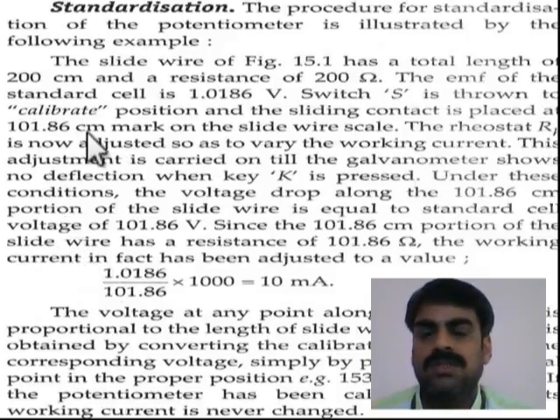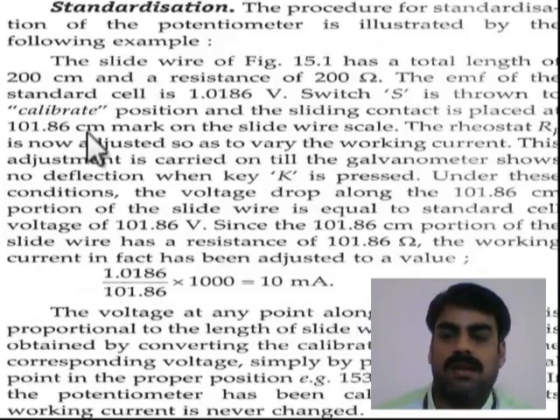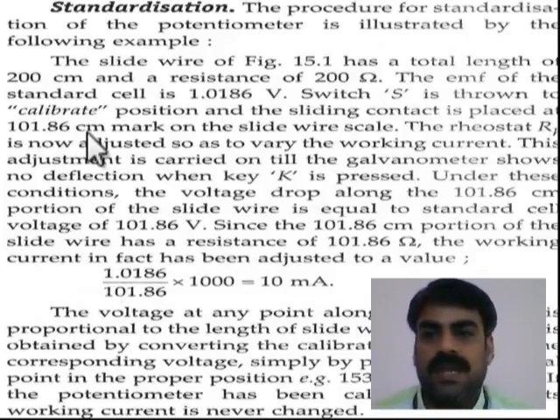According to this distance, the resistance of the wire up to this point is 101.86 ohm and the standard cell is 1.0186 volt. Using this resistance and this potential, we are able to calculate the working current. It is 10 milliampere.